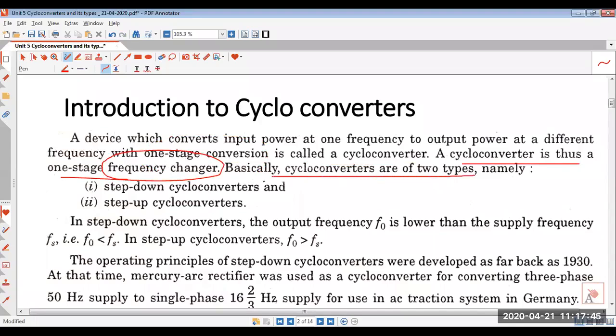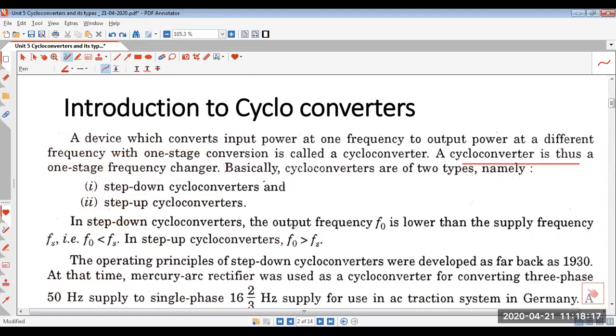Basically, cycloconverters are of two types. Either we can increase the output frequency of the signal, or we can decrease it. Based on this, a cycloconverter is broadly categorized as step down cycloconverters and step up cycloconverters.